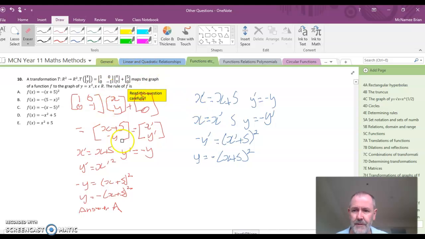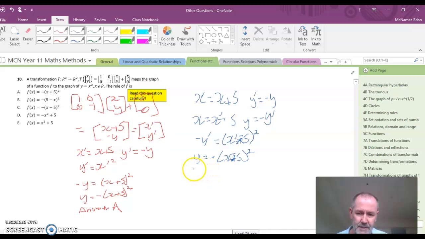So y dashed equals, I'll just cross it out and put minus 5, x dashed minus 5. Minus y equals x dashed minus 5 squared. And of course, y equals minus x minus 5 squared.